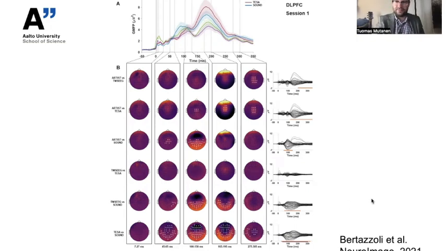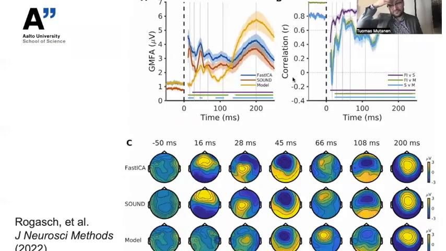And very recently, with Bertazzoli et al., we wanted to compare how similar results we would get from different popular pipelines. And unfortunately, the result can be summarized as there were quite big differences in the topographies, but also in the overall curves.